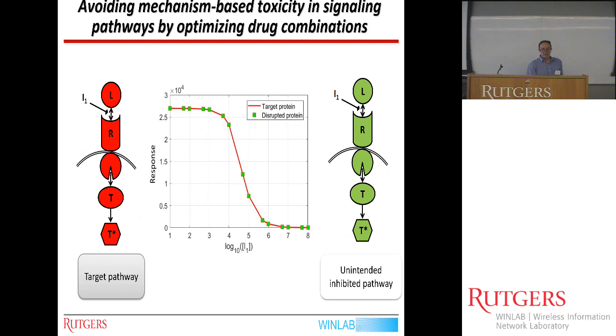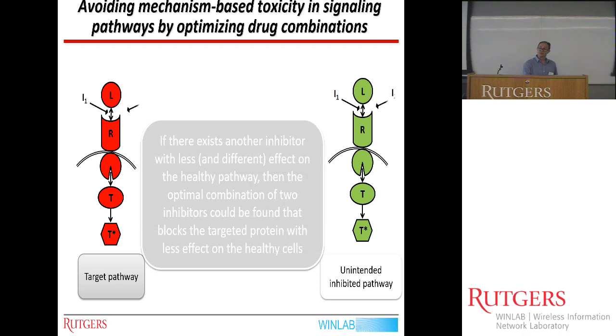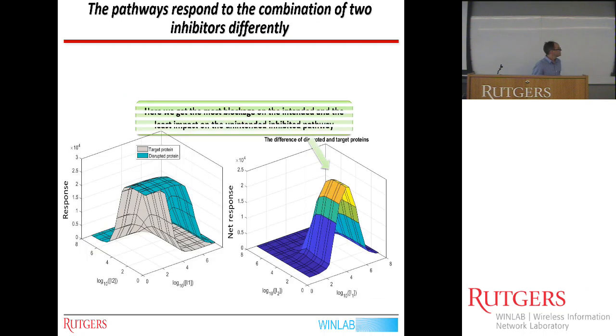If we start looking at the relationships between, say, good pathways and bad pathways, we can find combinations through the topology of their interactions where I could be more effective by combining two drugs at a particular combination zone than if I was to do one separate from the other.